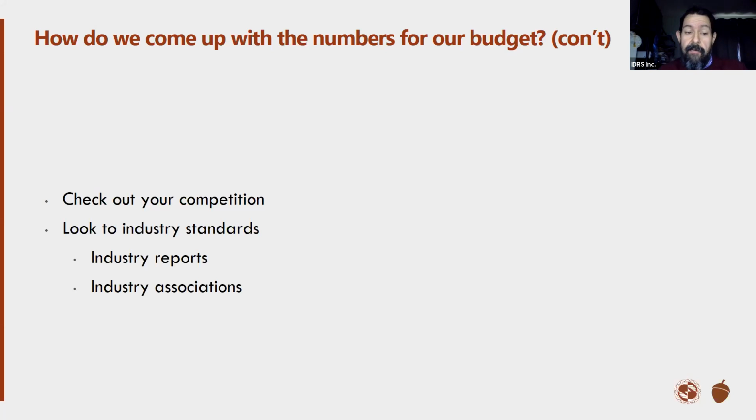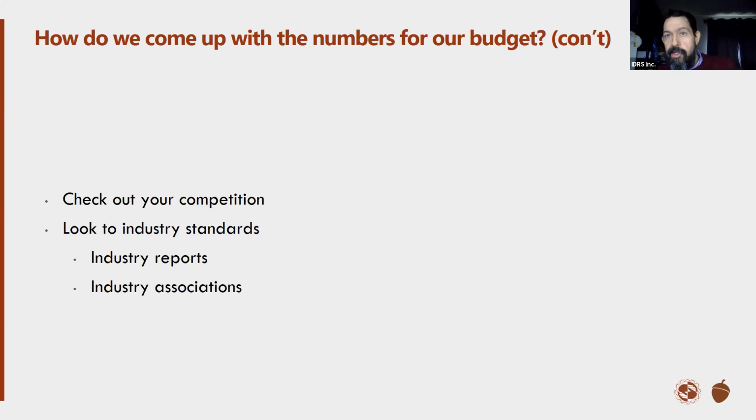Another way you can get this information is through industry associations. I will say this though about both of those options. The smaller business that you are, such as if you're a native artist, there's not going to be an industry report for native art, right? Or for making earrings. It's just too small, right? But if you're going to start a pizza restaurant, there are industry reports for that will show you exactly what the size of your business will be.